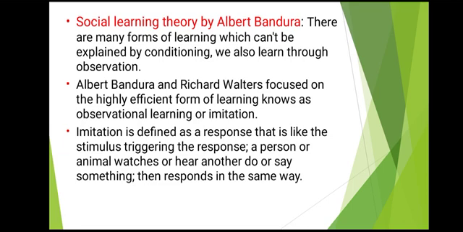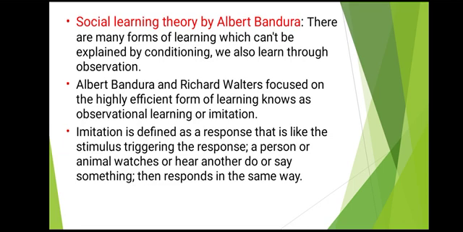Then the third theory was operant conditioning theory, given by B.F. Skinner. He used the law of effect, which was given by Edward Thorndike. He said that with the help of reward and punishment techniques, we can make learning possible.